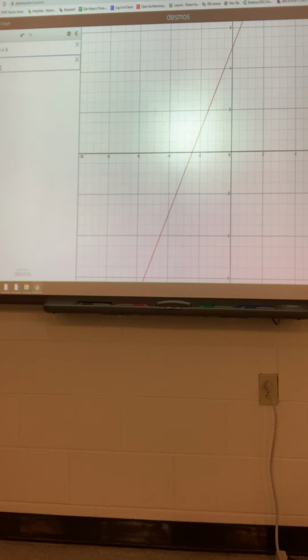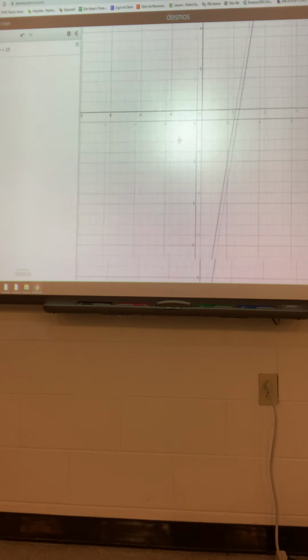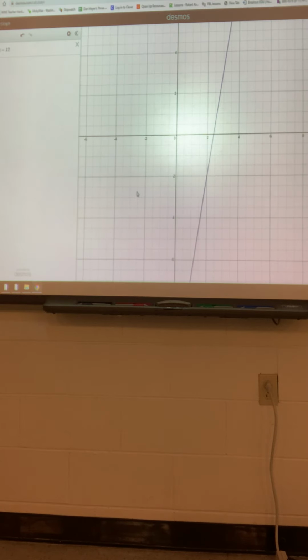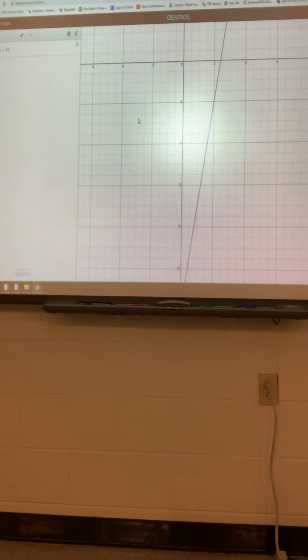If you click below it, you can see that you can graph another or type in another. Let's take the first one out. And now let's do the one it says on the worksheet, y equals 5x minus 12. And if you grab the graph, you can go up and down, I believe, if you have the touch screen.